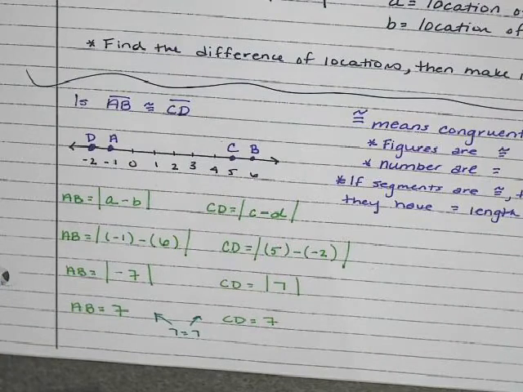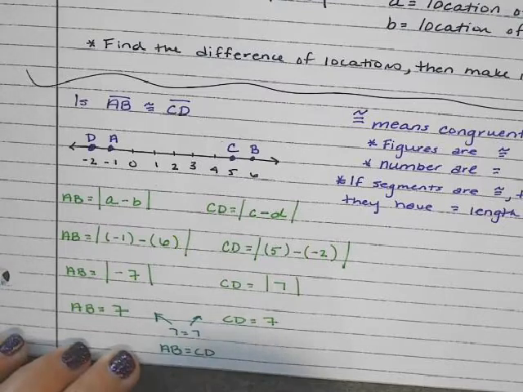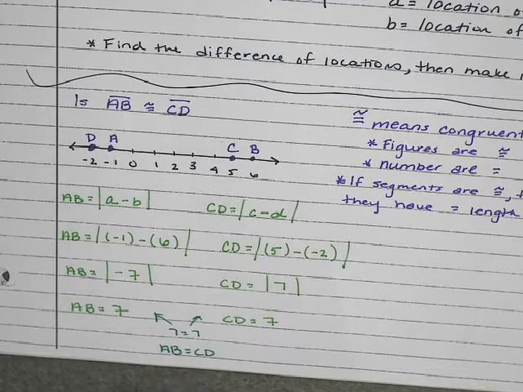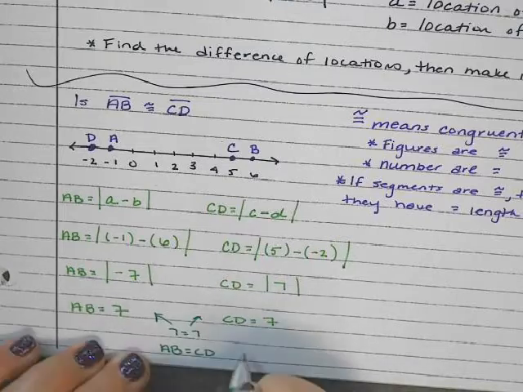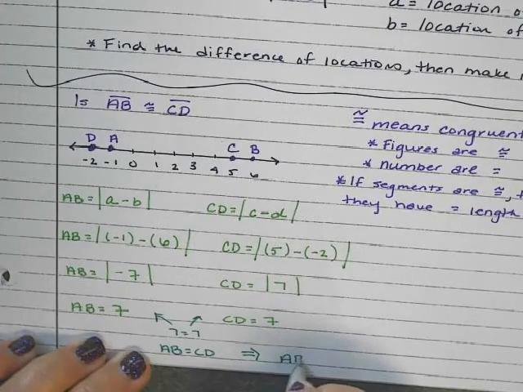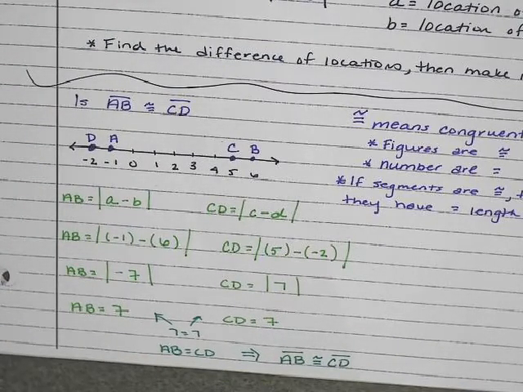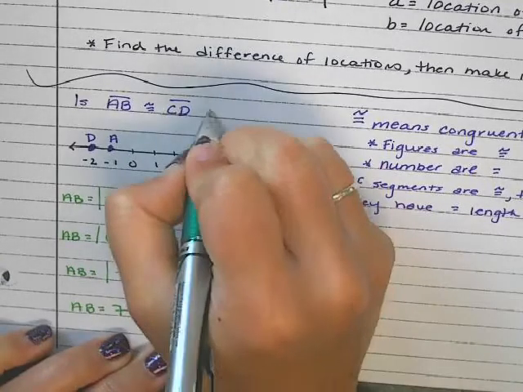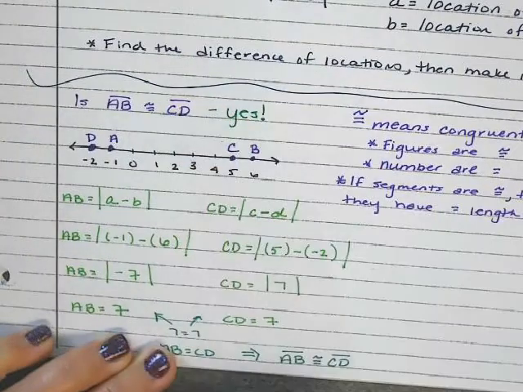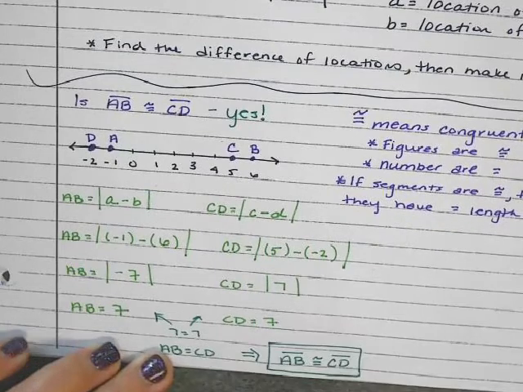That means that they have the same length. We found that AB is equal to CD. If those two lengths are equal, we can conclude that segment AB is congruent to segment CD. So up here, if you wanted to answer it up here, we would say, yes. I just rewrote it down here, because that was our final answer, that those two segments were congruent.